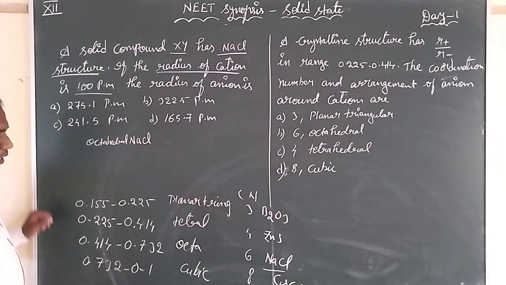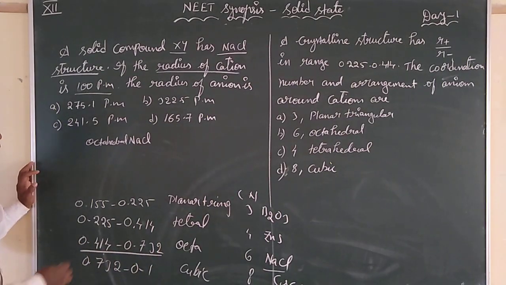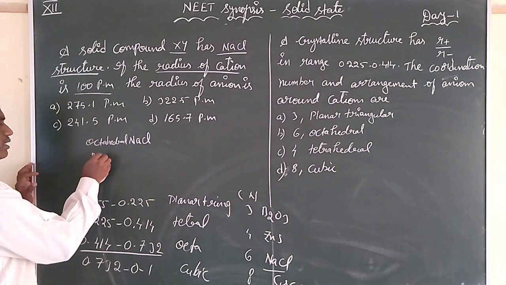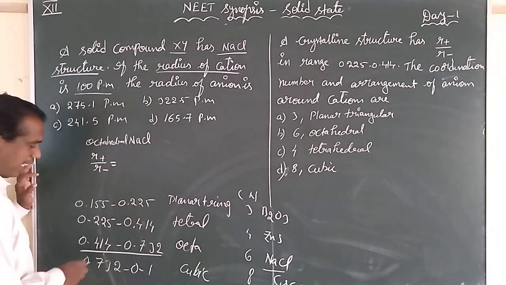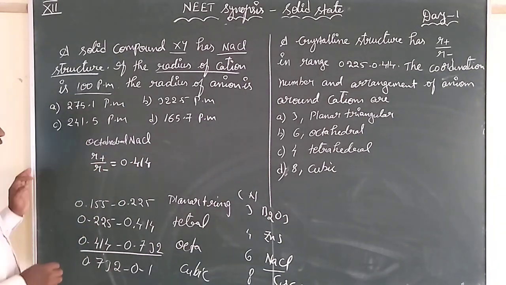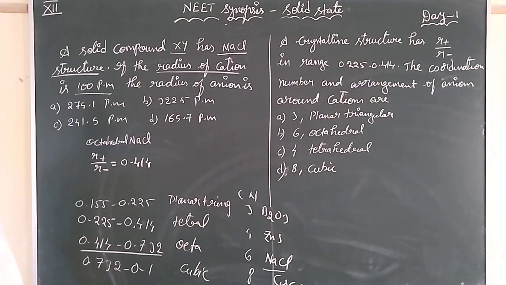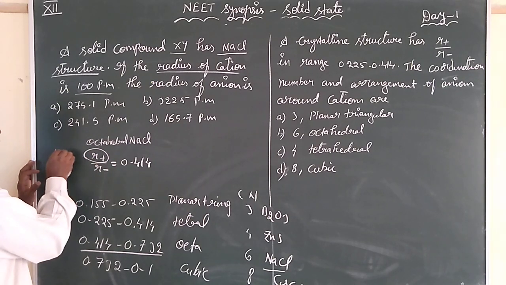Then what will be the radius ratio, children? Radius ratio is the radius of cation upon radius of anion. The initial value we will take is 0.414. What they are giving here is that the radius of cation is 100 picometers.